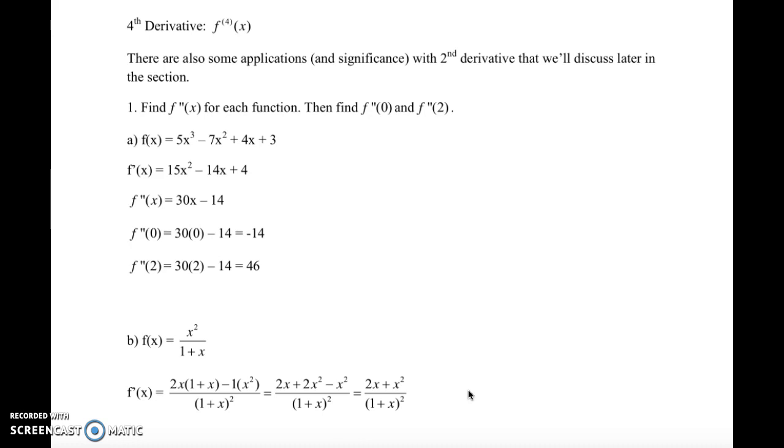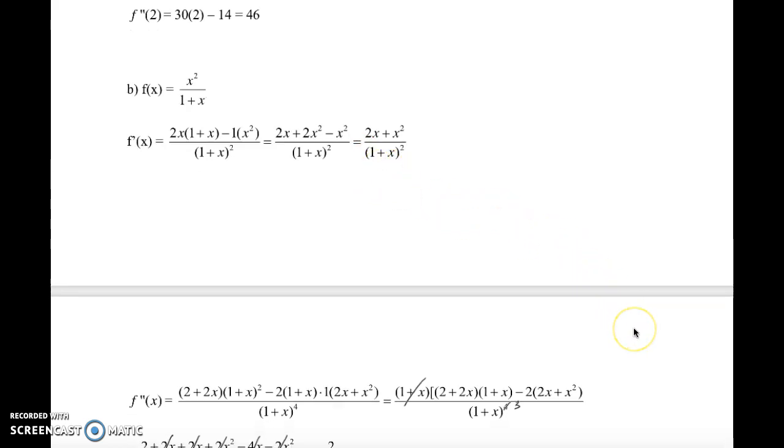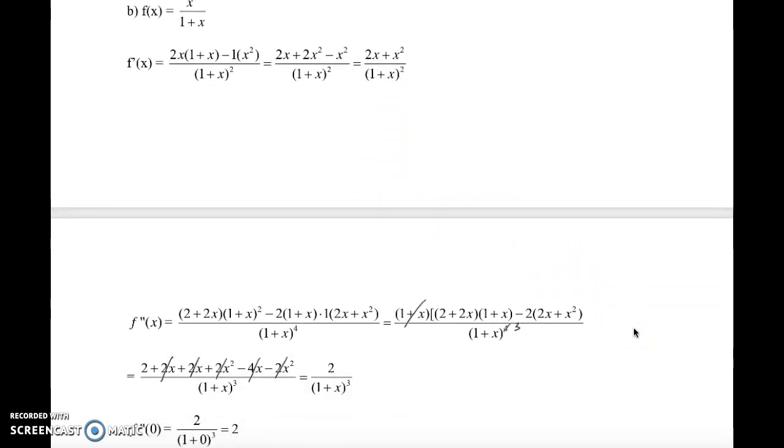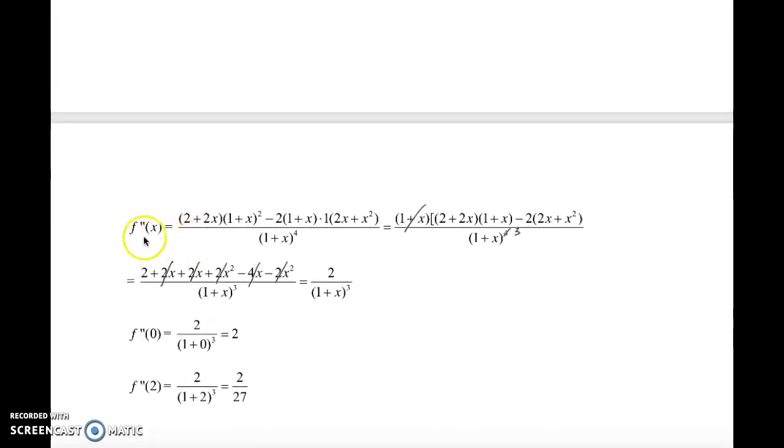Right. So now we have to take this value here, and we have to take the second derivative. And again, we're still going to use the quotient rule. So when we look at this example, we take the derivative of our f of x times our g of x quantity squared, minus the derivative of our g of x times our f of x squared.